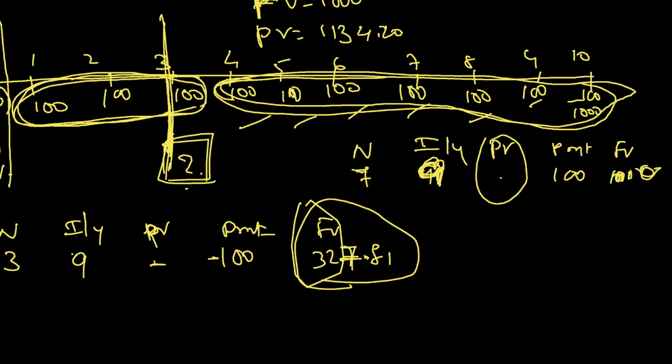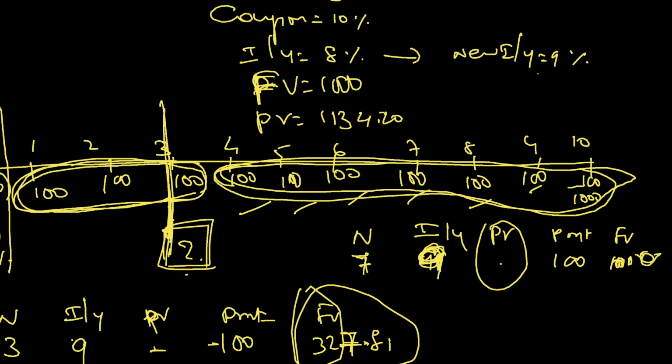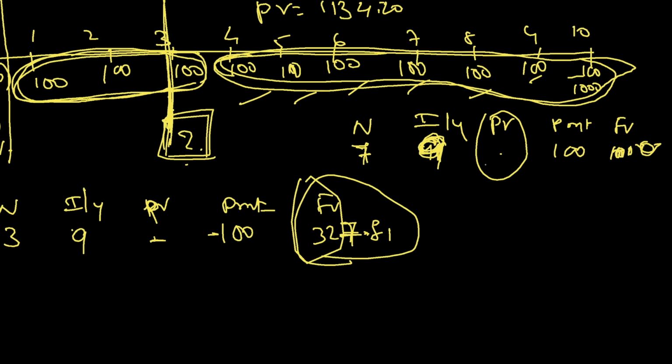So 7N and IY will be 9. So IY is the new rate of interest, 9 percentage is the new rate of interest. Okay, so now when I key in all these numbers into the system, let's see what is the present value of the bond.